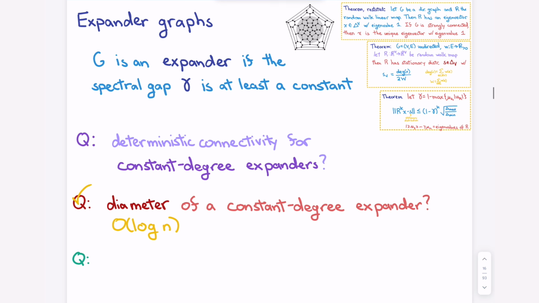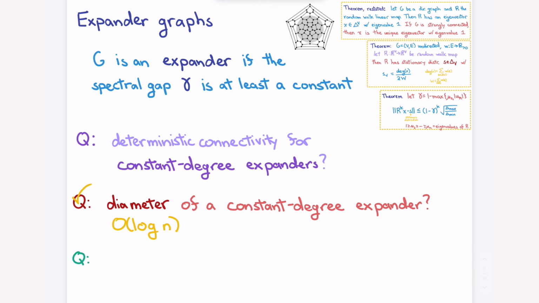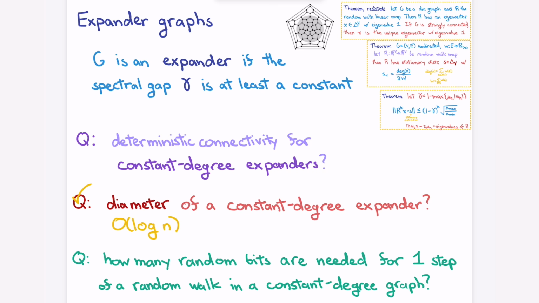Now let's go back. We know the diameter of a constant degree expander is log n. Does that give you any hints for a deterministic connectivity algorithm for constant degree expanders? In particular, how many random bits do I need to execute one step of a walk in a constant degree expander?